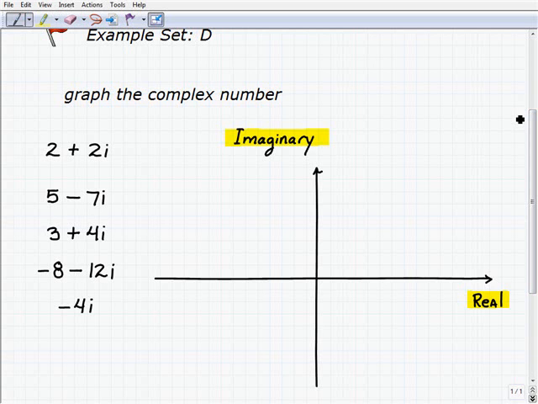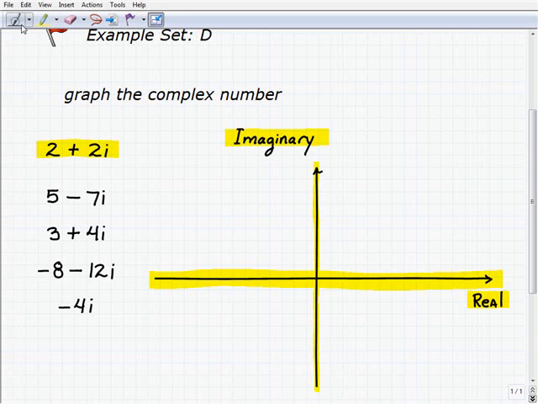It's the real number axis, which is this one right here, and then of course we have the imaginary number axis, this one right here. It's very similar to plotting ordered pairs on the XY axis, but a little bit different, obviously, because we're dealing with complex numbers. So let's go ahead and start with our first one.